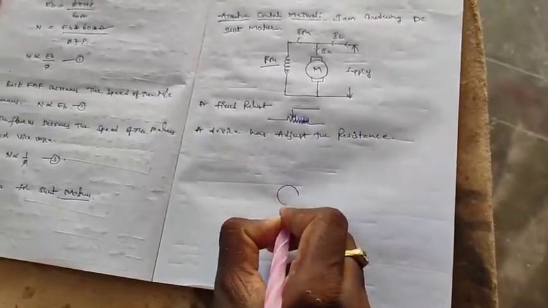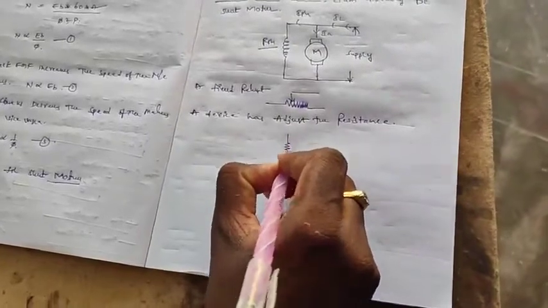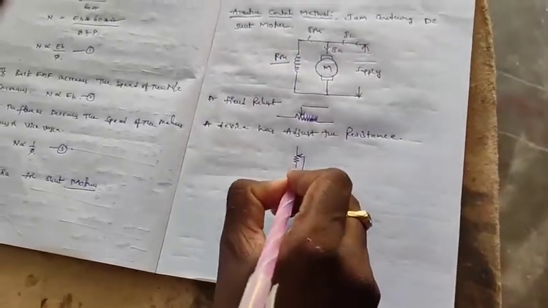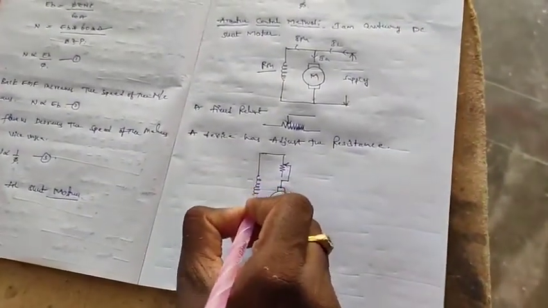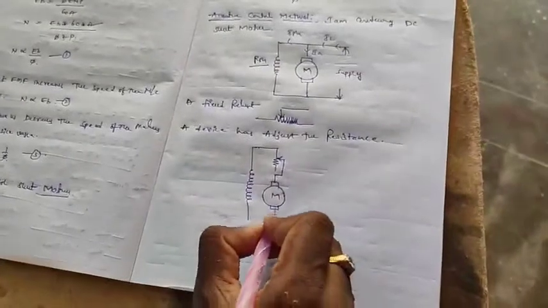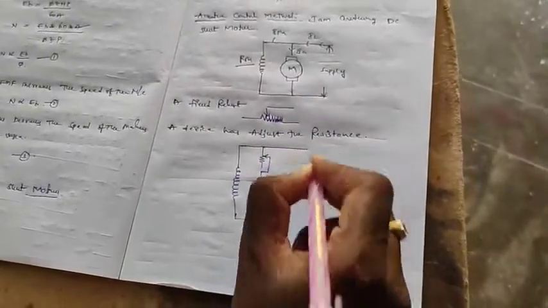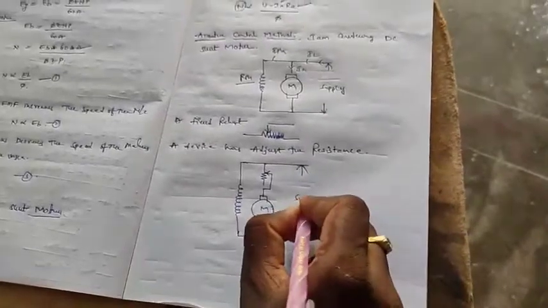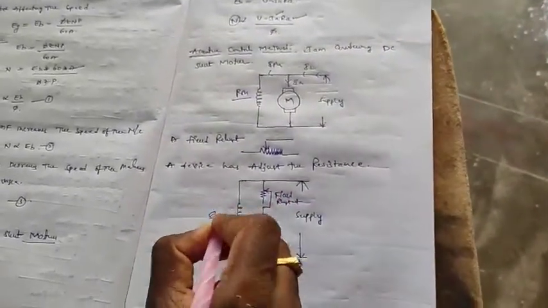So I am connecting a rheostat in series with the armature. This one is the shunt field.